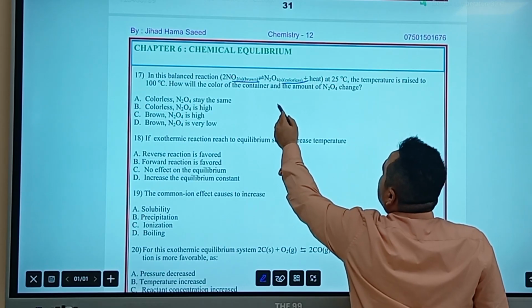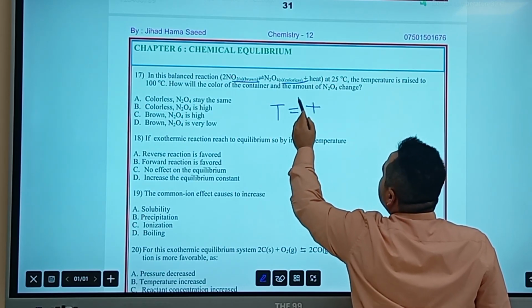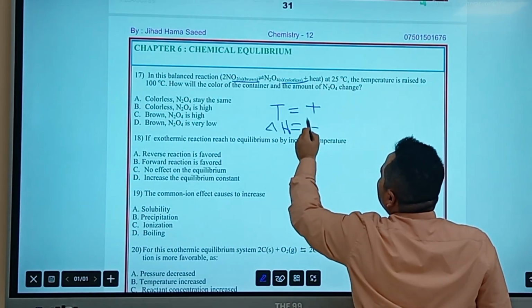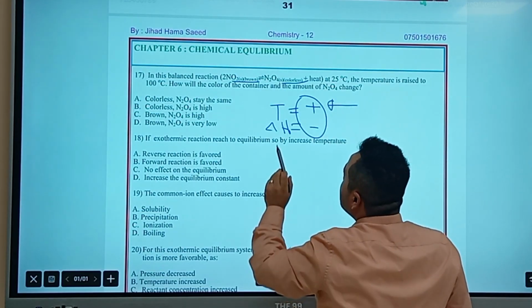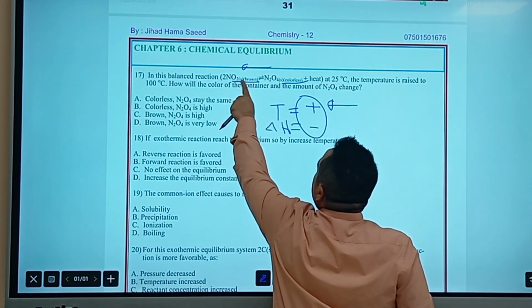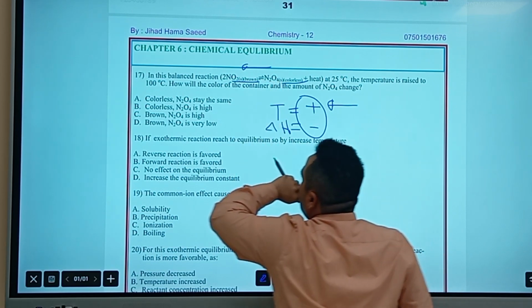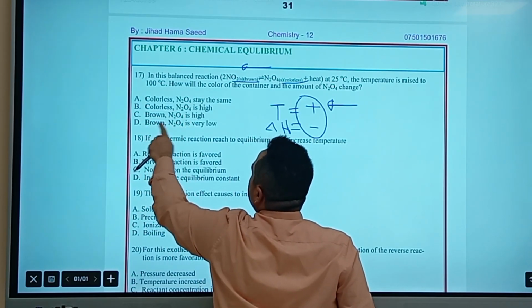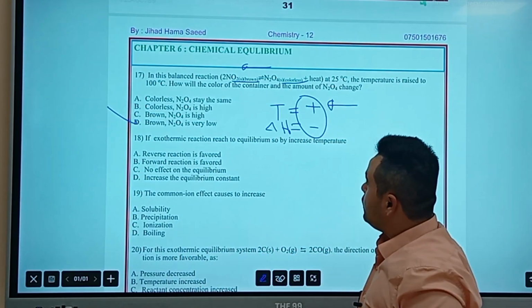Guys, in the above reaction, the temperature increases, that means positive, and the enthalpy is negative, so the reverse is favored. Reverse favored means the N2O4 reduces and the color becomes brown. It becomes brown and N2O4 is low, reduces.